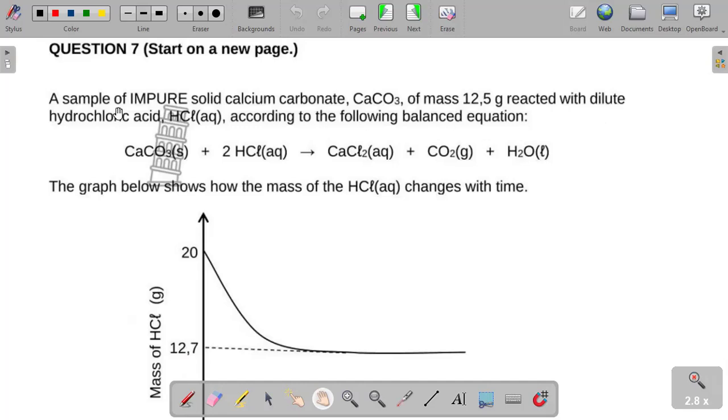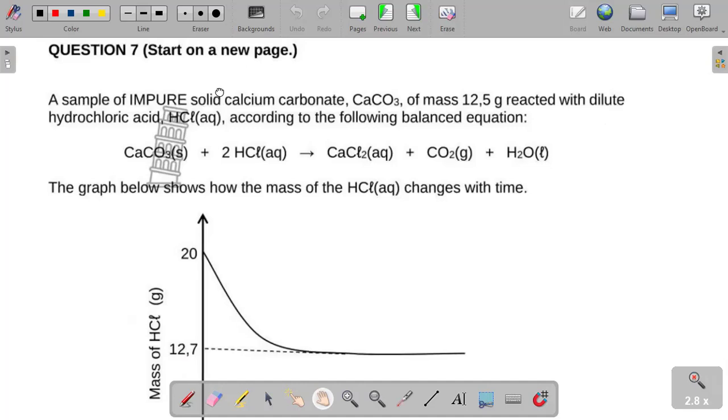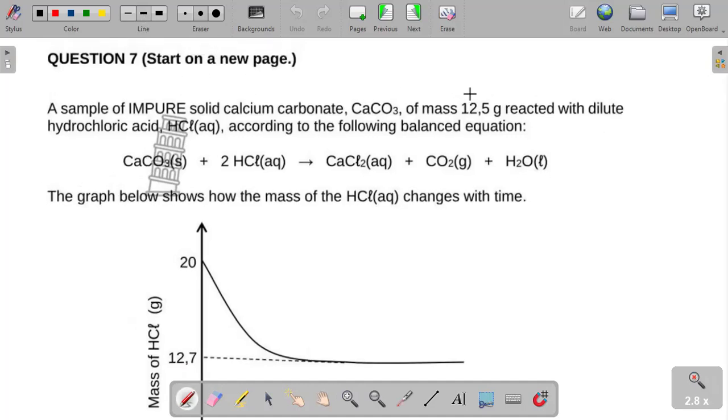So now we can see already that this is the mass of the sample. They say it is impure, so we see already that this is the mass of the sample.